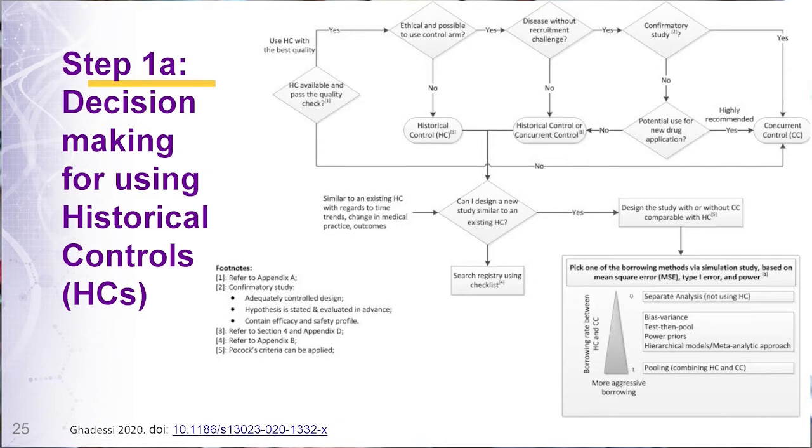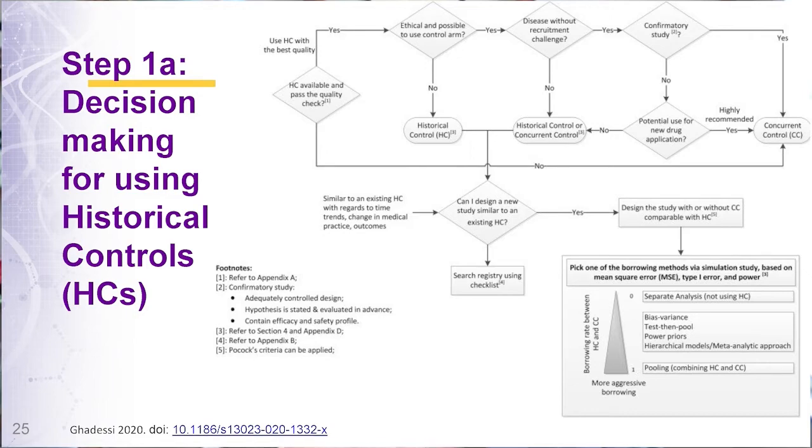If we do not have the data, there's no point in using it. Is using an RCT ethical? Do you have recruitment challenges using an RCT? Is this data for a confirmatory study or not? These are key factors you need to think about before you make a decision on using historical control. If you want more details, you can read this paper.